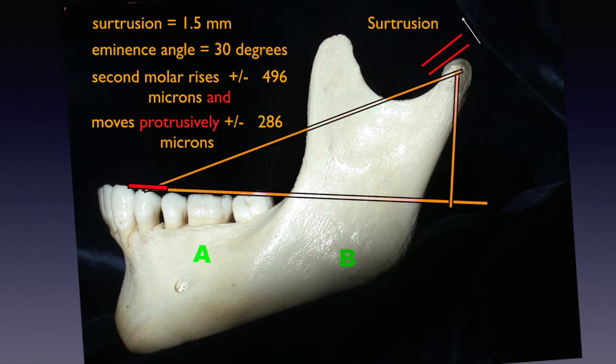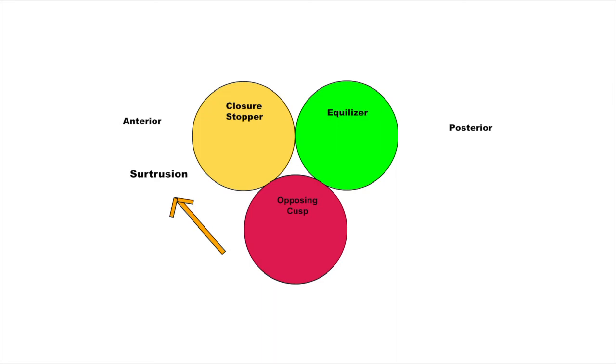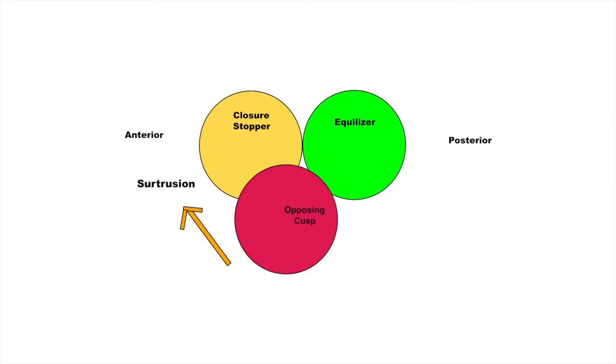When this occurs, the second molar rises 496 microns and moves protrusively 286 microns. This is what a lower cusp tip must do within its opposing fossa during the surtrusive movement. We'll now run a motion graphic of pure surtrusion.